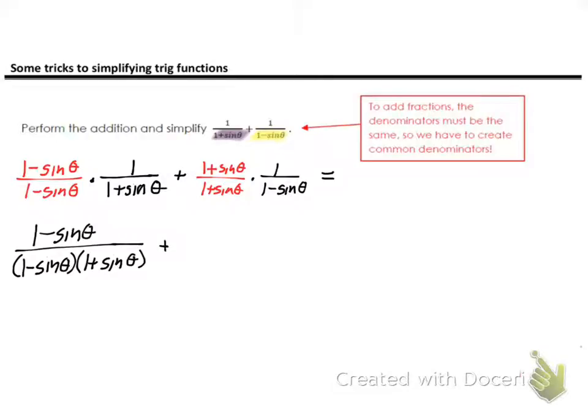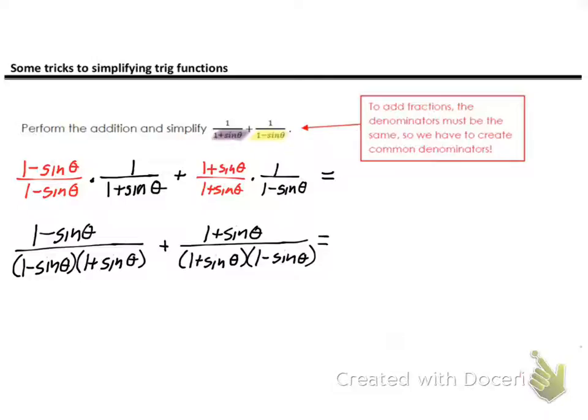And that's going to be plus, well, 1 plus sine theta times 1 is 1 plus sine theta, all over 1 plus sine theta times 1 minus sine theta. All right, and if we notice, these are the exact same denominators. Because with multiplication I can always switch, using the commutative property, I can switch them.